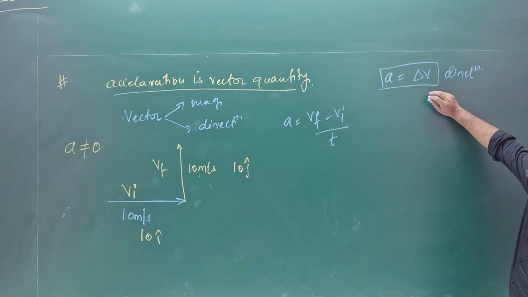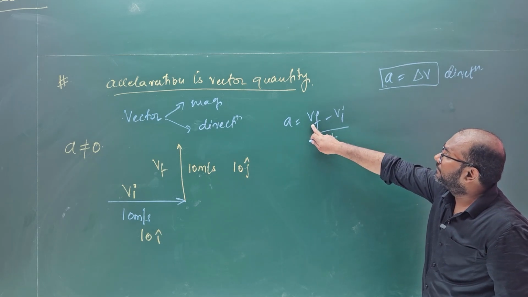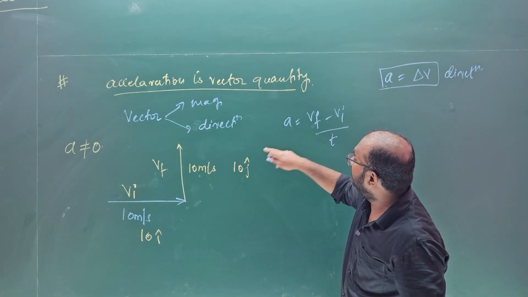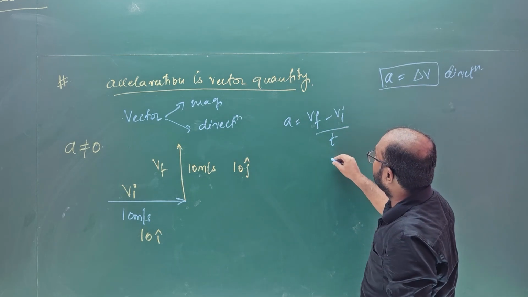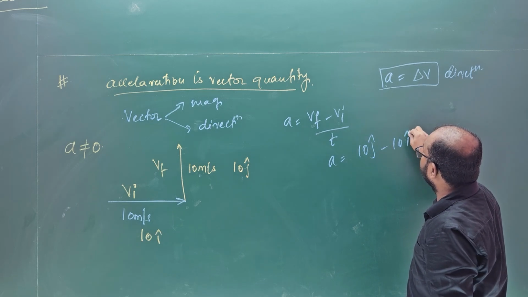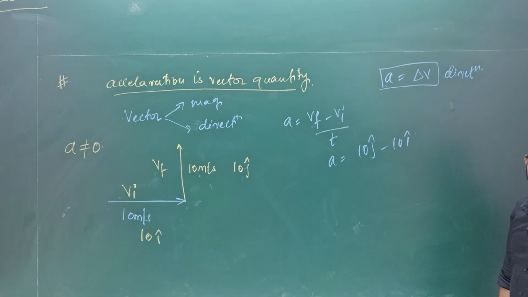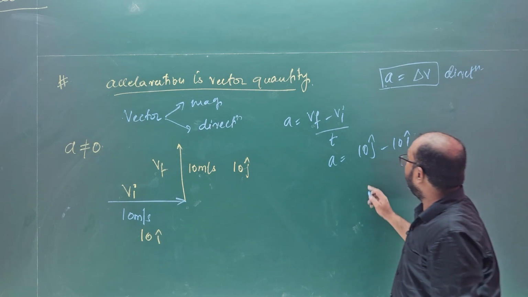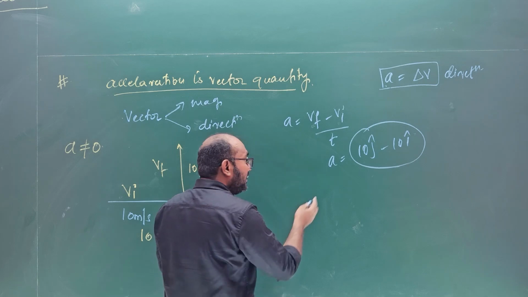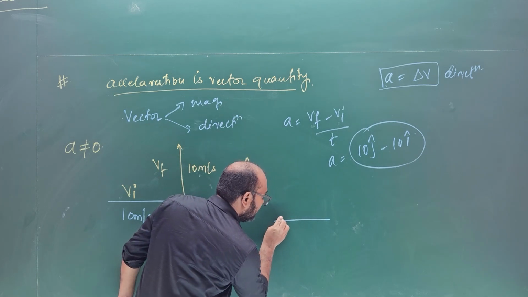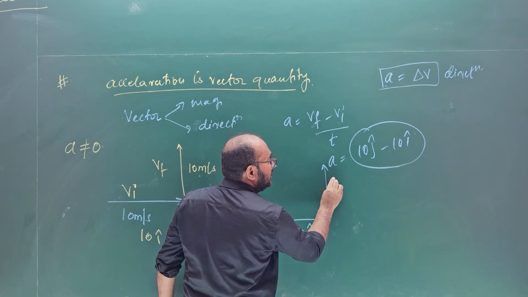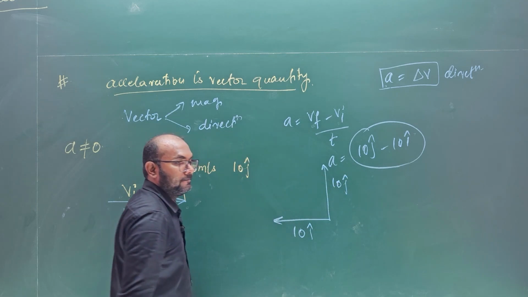Okay, now what is v final? 10 j cap. And what is v initial? 10 i cap. So acceleration is equal to, can I write, 10 j cap minus 10 i cap? Yes or no? Now whenever I write like this, we get minus 10 i cap, and if I represent that, this can be represented like this: 10 i cap, and this is represented as 10 j cap.